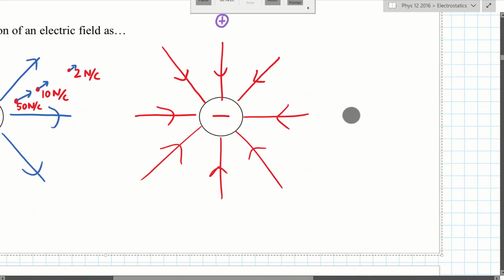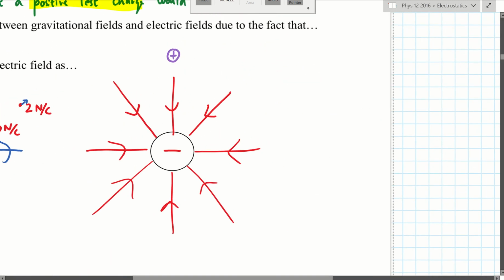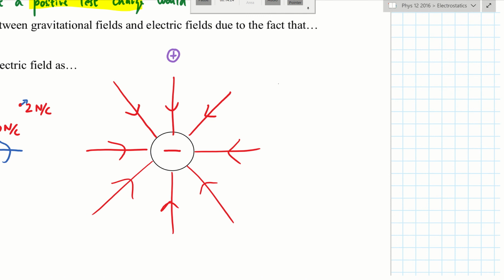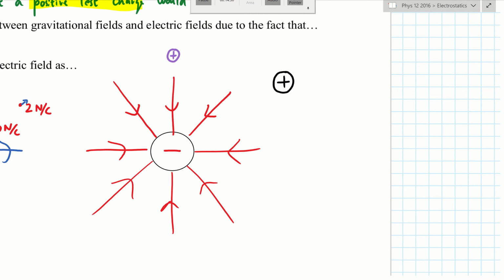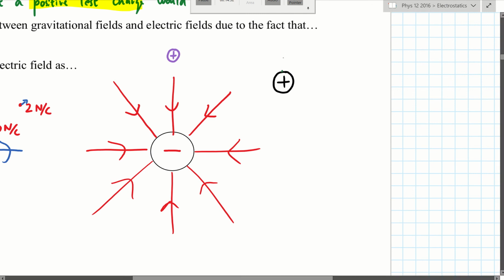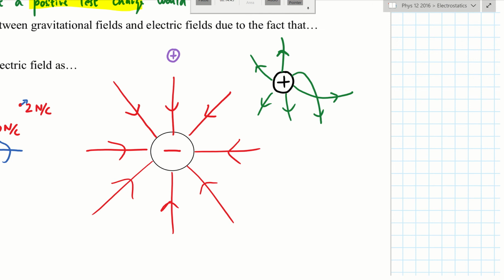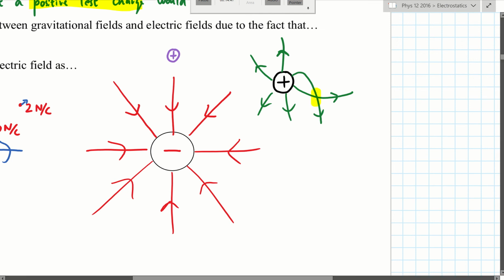Now, there is one thing that you have to be careful about. Let's say I have a little positive charge in here, then I should have an electric field, right? So let's say its electric field is something like this, like this, because it's a positive charge, so it's going away. Now this picture, okay, one second, there's something wrong with this picture. That something wrong is over here.